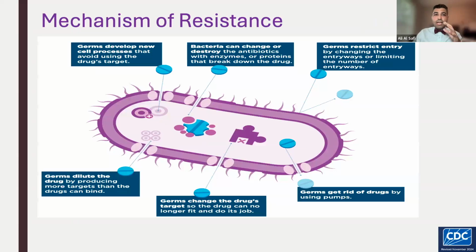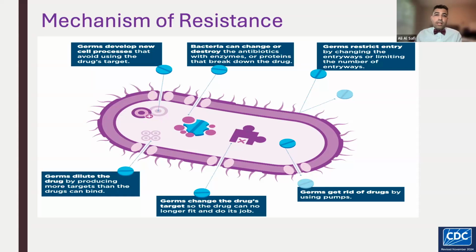So for the first reason, as you can see here in this image, there are multiple mechanisms by which bacteria develop resistance. I'll start from the top left. The bacteria can develop new cell processes that avoid using the drug's target, or it can change or destroy the antibiotics with enzymes, and that's the most common type.